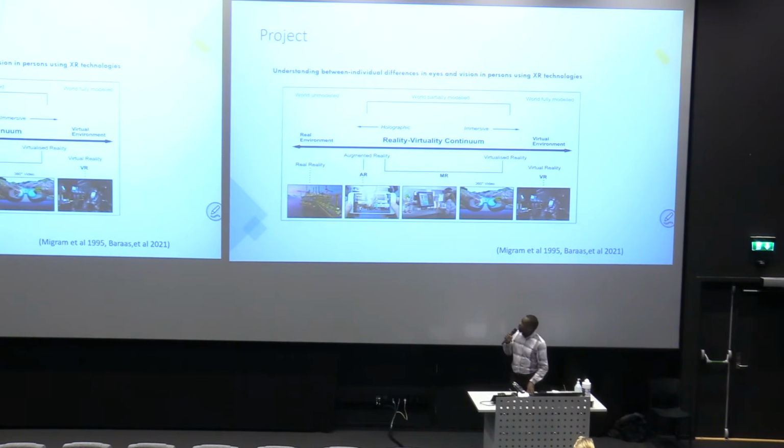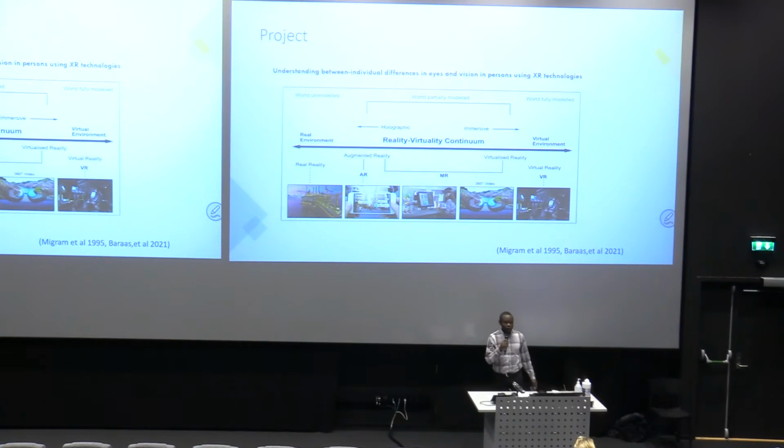So we definitely know the continuum of virtual reality, from the real environment to the virtual environment. My project is focusing on understanding individual differences in eye and vision in persons using XR technologies. Because if we think about implementing virtual reality in a classroom, for example, we have people who may have vision problems, common eye problems.